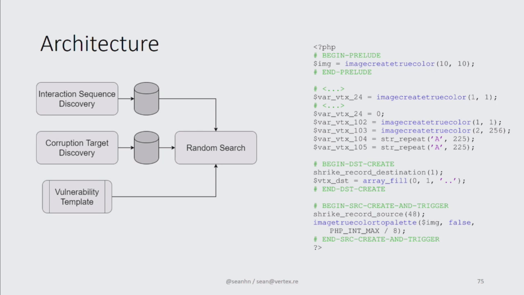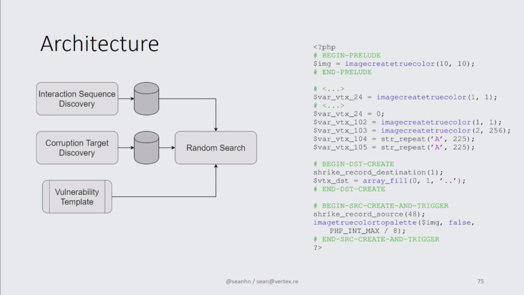Then here we can see a bunch of functions that have been randomly selected and assembled together because they have some useful interaction with the allocator. So here we can see that the system has discovered that the image create true color function and the string repeat function obviously do interesting things in terms of allocating things on the heap. It's also figured out that it can trigger free via just destroying objects like this. And then the rest of it is just from the vulnerability template.